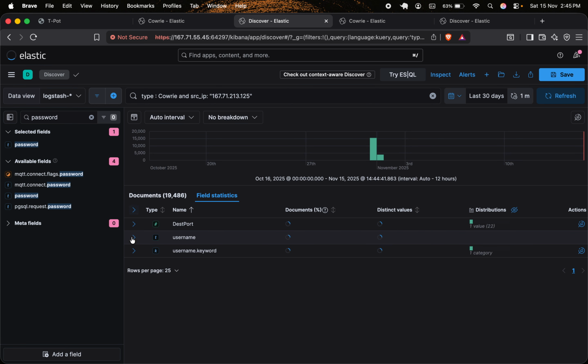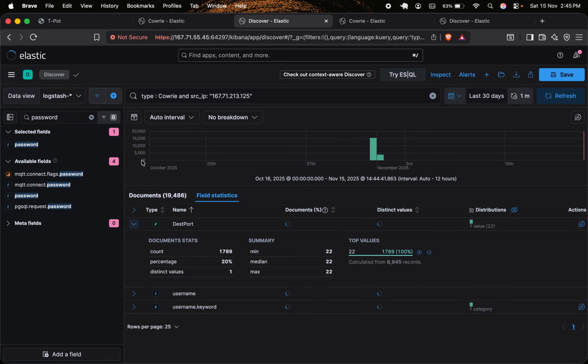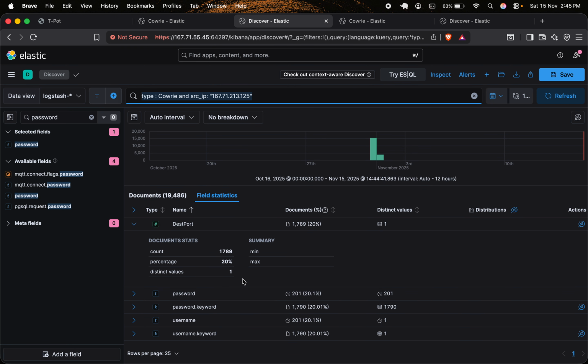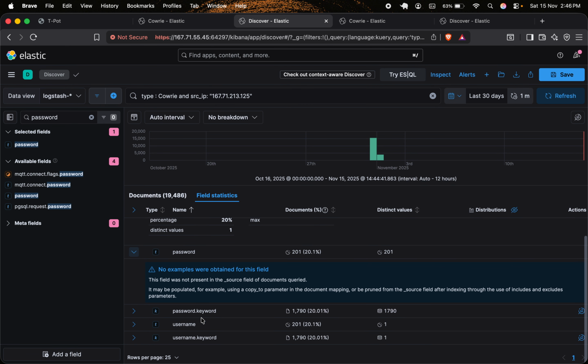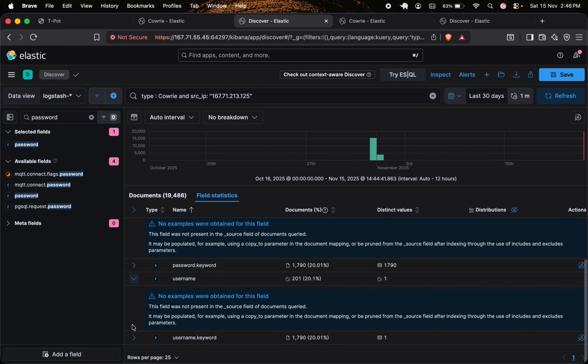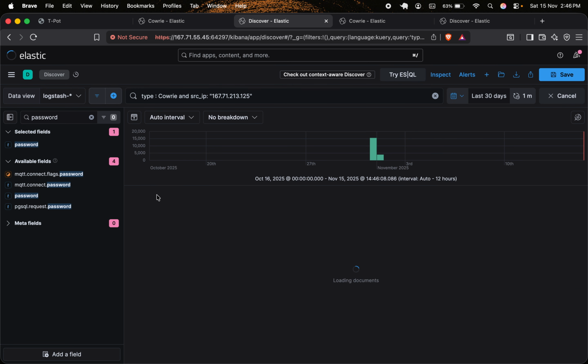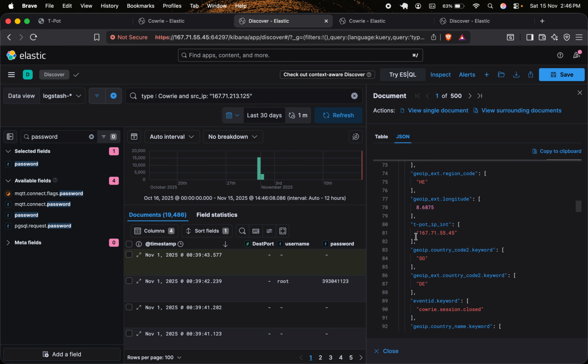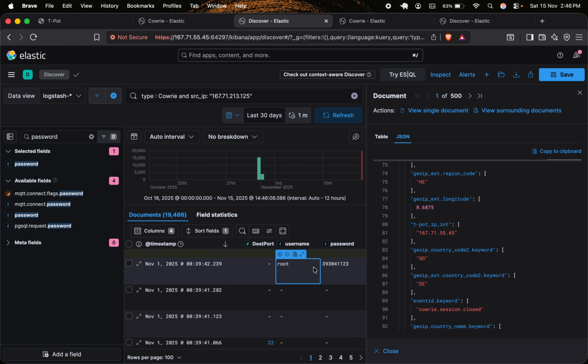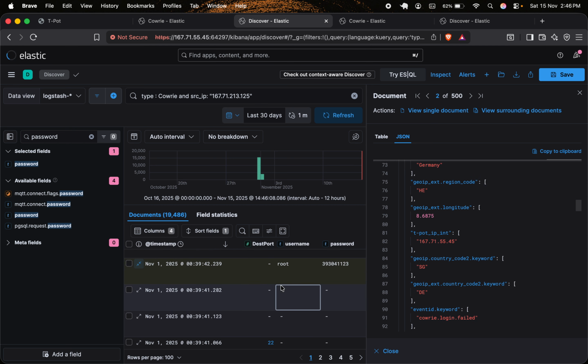So this IP is actually 100%. So here are the passwords, usernames. Let me see what his pattern is. Yeah, this one is his approach.